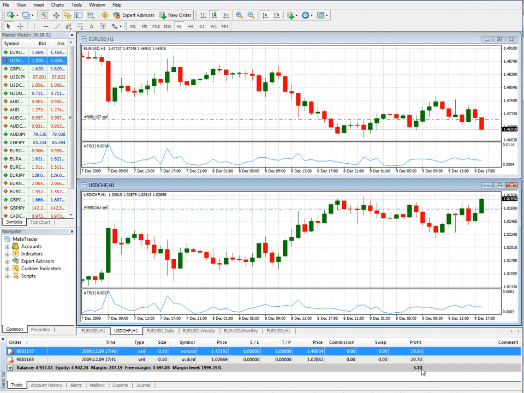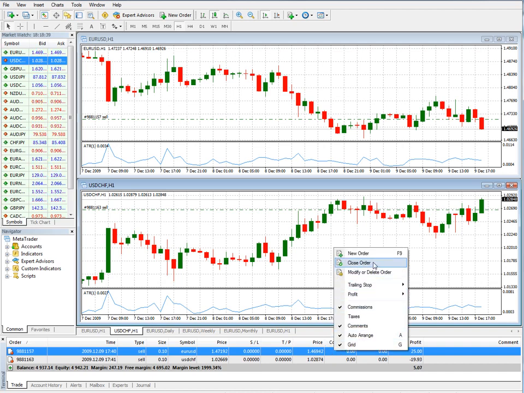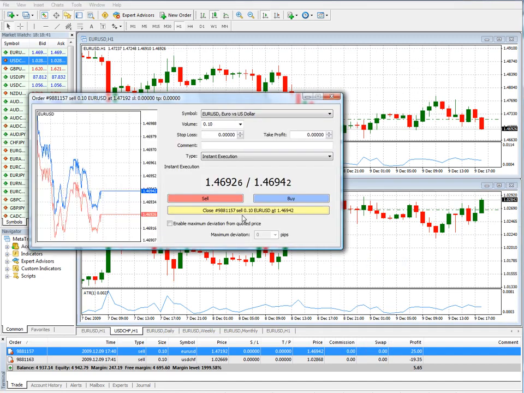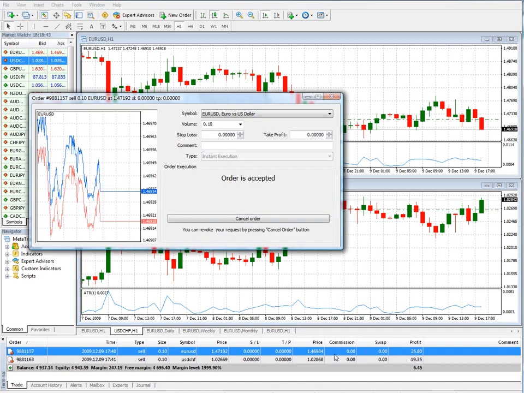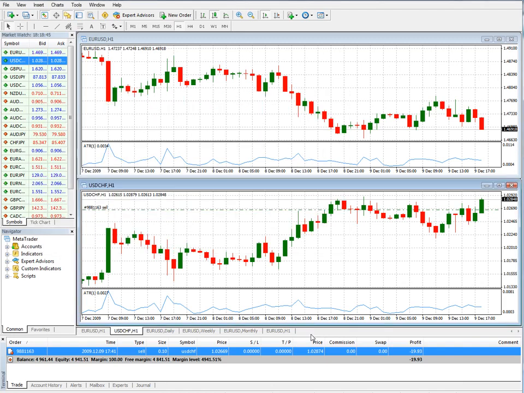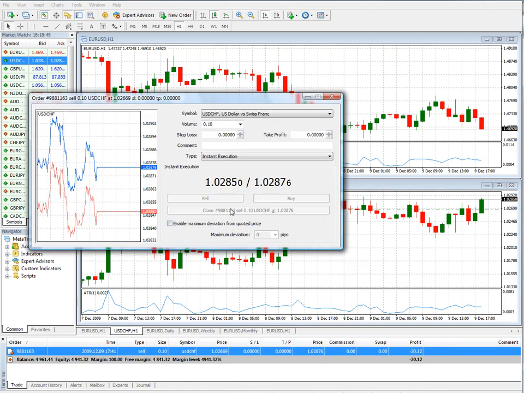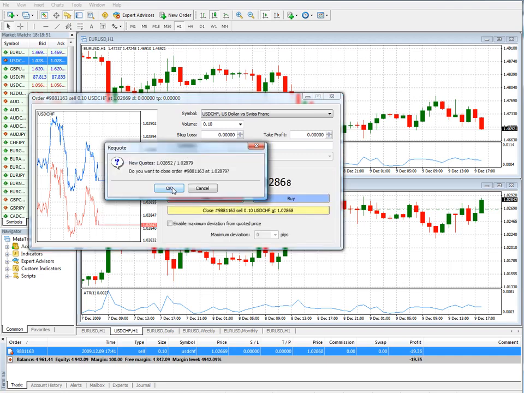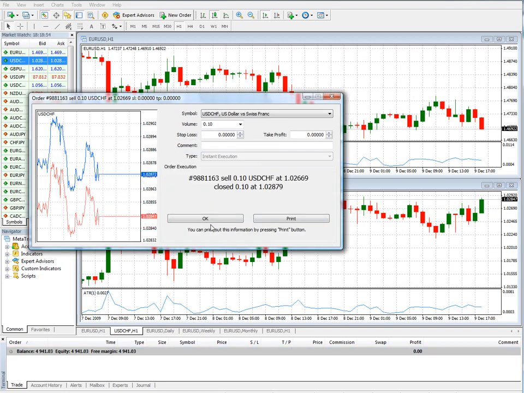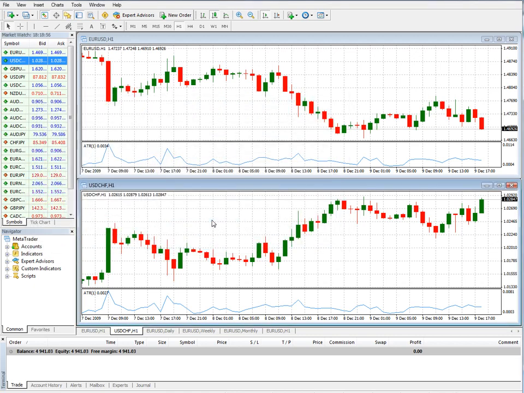Or if you're in a scalping mood, like we're going to be right now, we're going to jump in with just a little bit of profit, and we're going to close that order. Done.